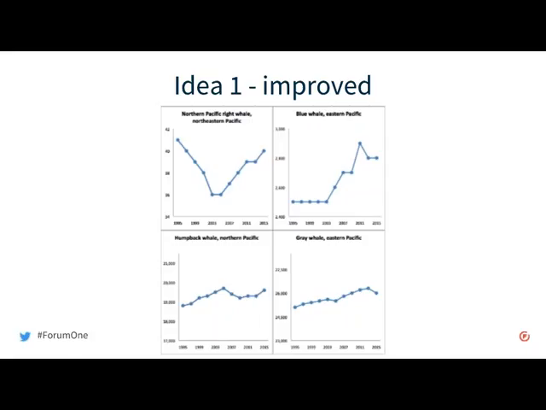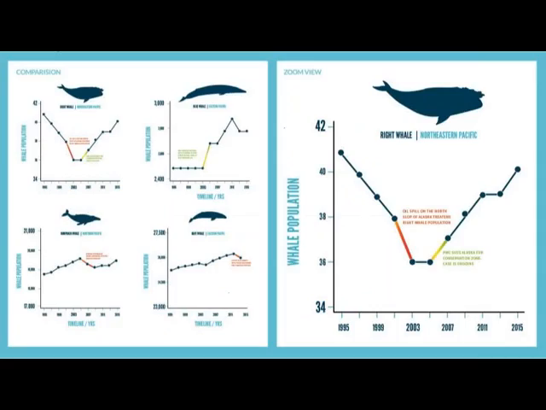So what we did with this version is worked on the y-axis scales to make sure that when you look across the four species, the magnitude of changes are correct for the actual relative changes. And you see that the humpback whales and the gray whales actually have had slower population changes in this fictitious data set.